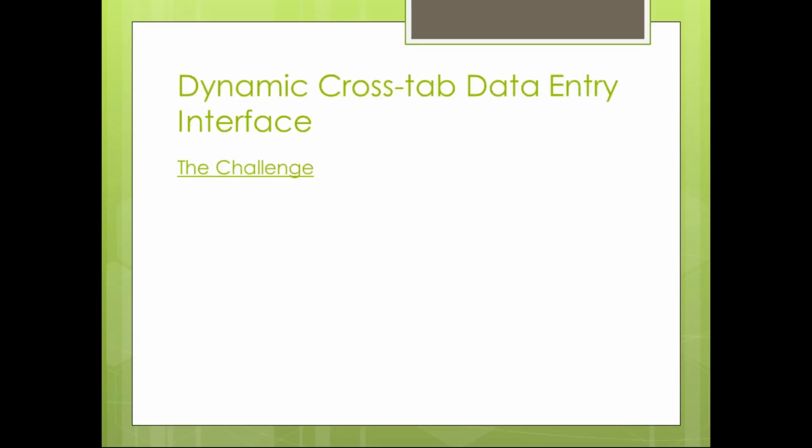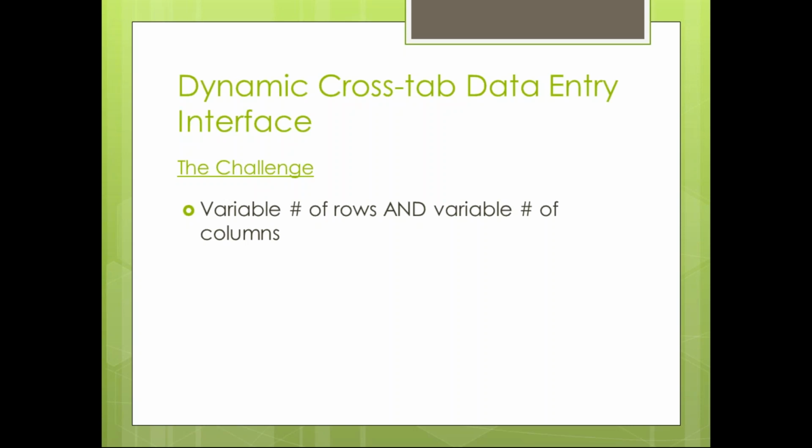So next we have that dynamic crosstab data entry interface. This was a challenge where what I was given as a demonstration was essentially a spreadsheet with values down the side and values across the top. In a spreadsheet, you can just easily add a new column, just as easily as you can add a new row.